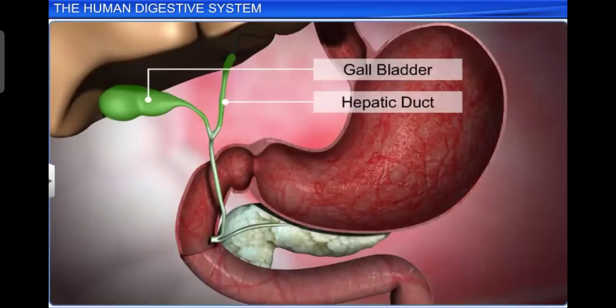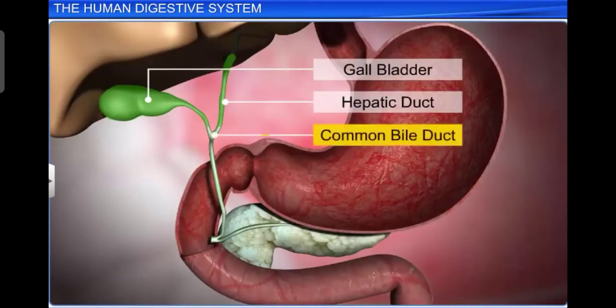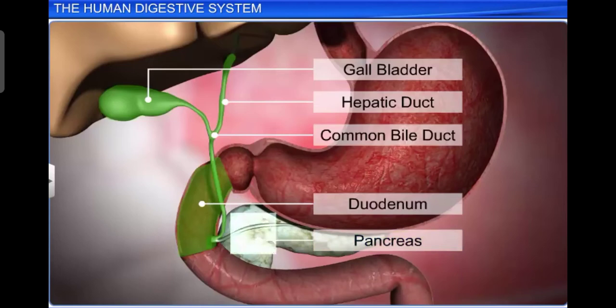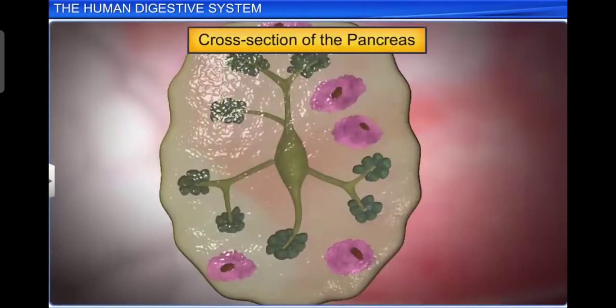The duct of the gallbladder, that is the cystic duct, along with the hepatic duct from the liver, forms the common bile duct. The pancreas is a compound gland, both exocrine and endocrine, an elongated organ situated between the limbs of the C-shaped duodenum.